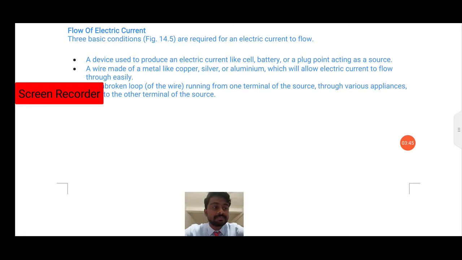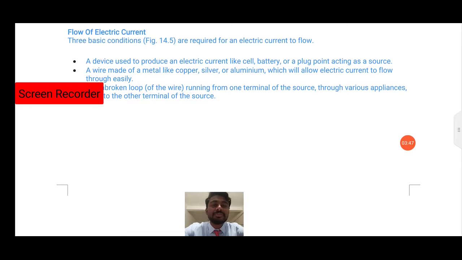See students, first one: a device used to produce an electric current, like a cell, a battery or a plug point acting as a source.